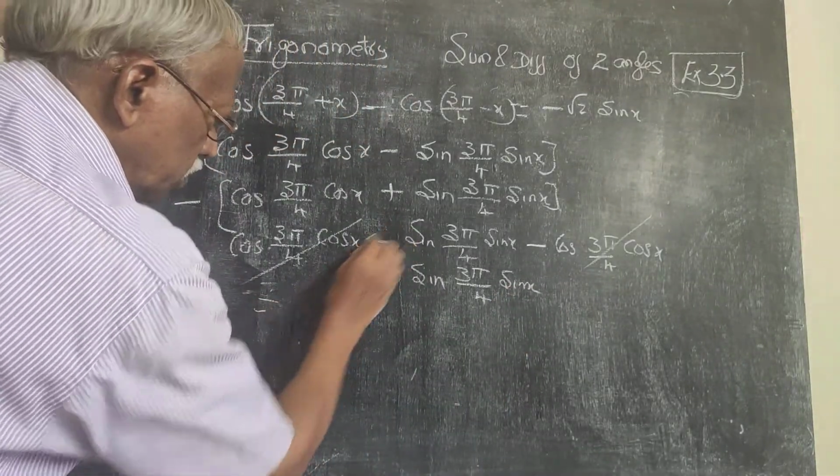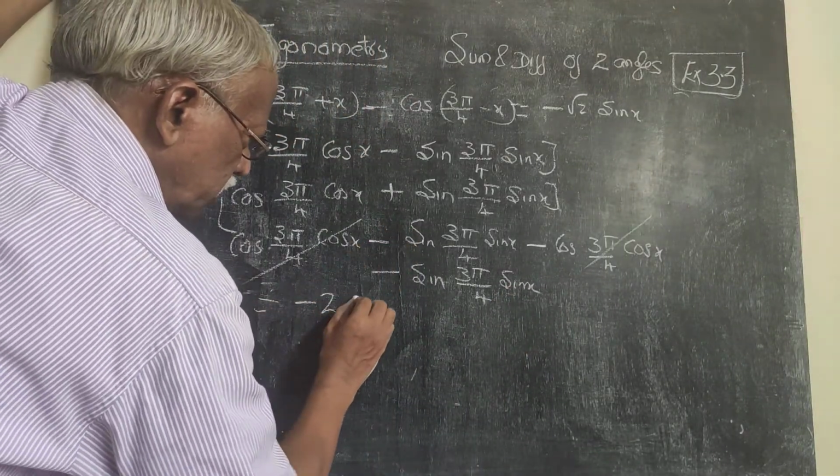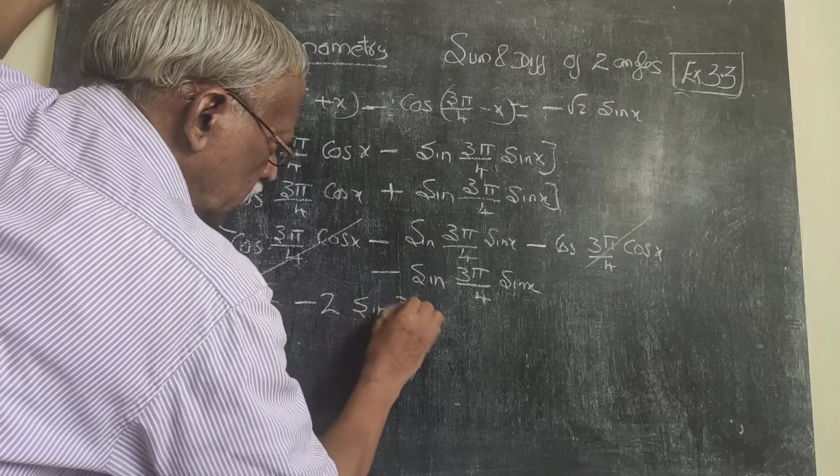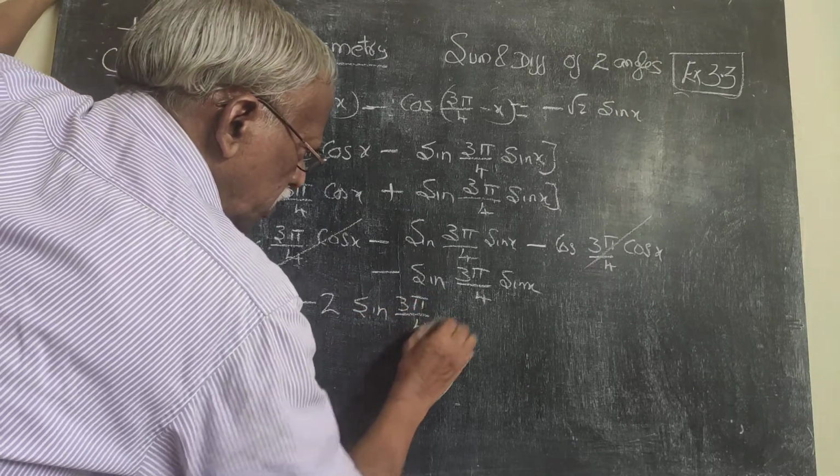The result is that you have minus 2 times sin 3π/4 into sin x.